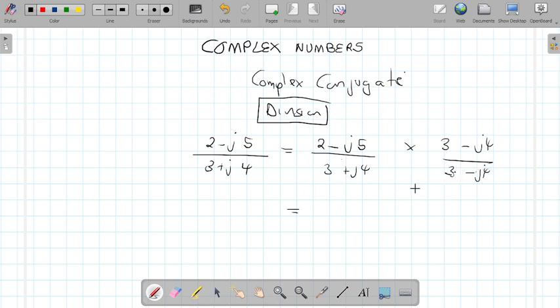Now how do you multiply complex numbers? If you want to prove that the result is always a real number, you can multiply.